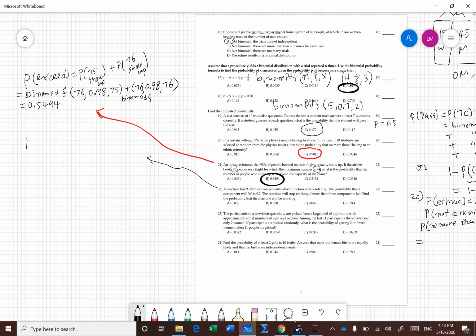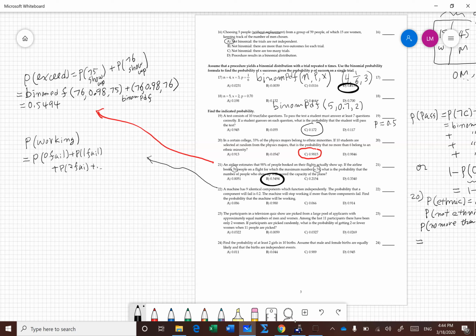Okay. The probability of working is the probability of 0 fail, plus probability of 1 fail, plus probability of 2 fail, all the way to what?